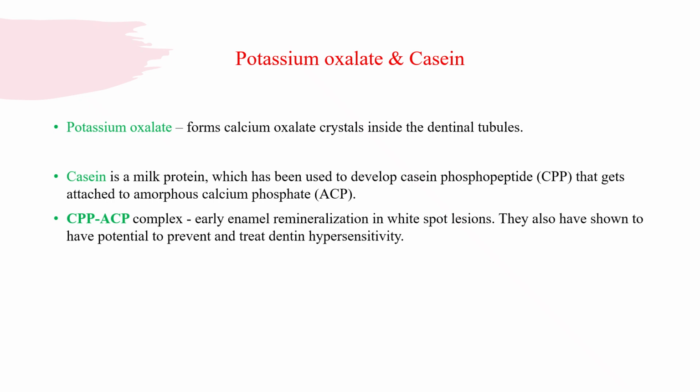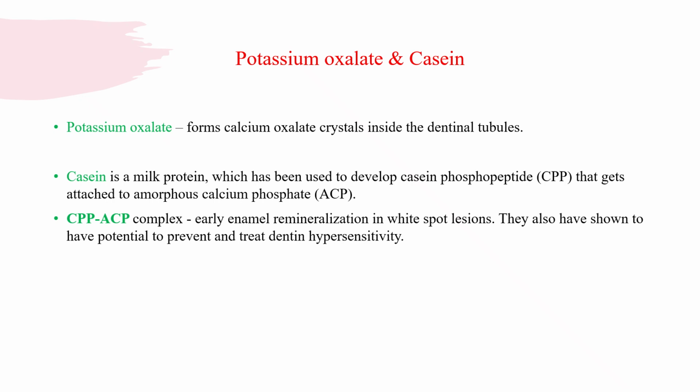acts by forming calcium oxalate crystals inside the dentinal tubules, whereas casein, which is a milk protein, has been used to develop casein phosphopeptide that gets attached to amorphous calcium phosphate. This CPP-ACP complex helps in early enamel remineralization in white spot lesions.